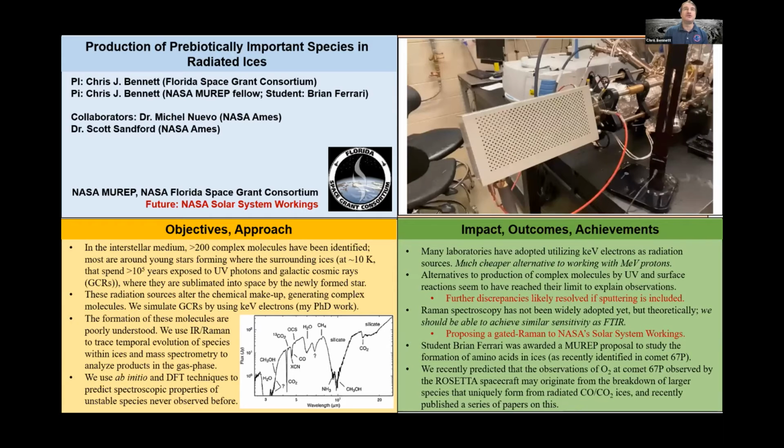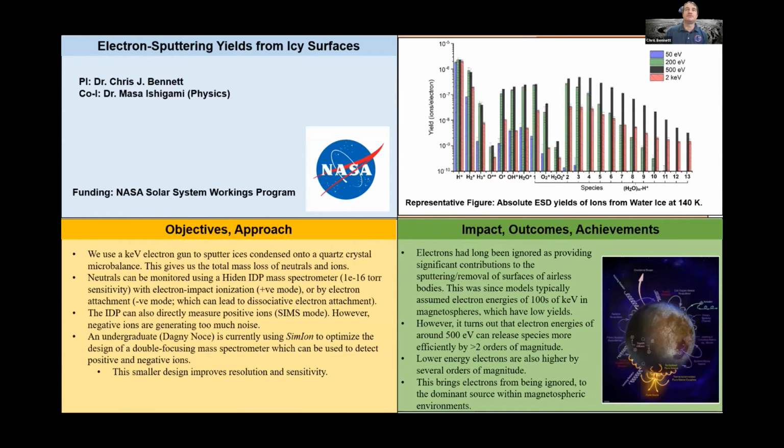Some of the other things that we can do in the lab is look at not only the changes in the ice itself, but what things are sputtered off those surfaces. And I'm going to come back to the electrons again. If you look at the icy moons around Jupiter and Saturn, they have magnetospheres, which move a lot of charged particles very, very fast into those surfaces.